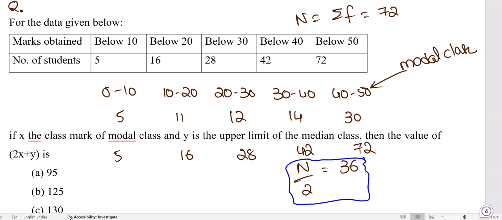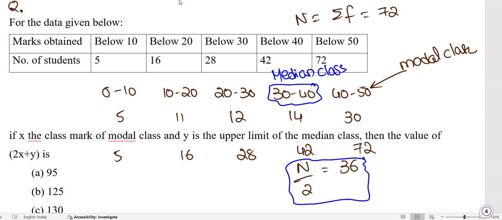N is the total frequency, 72, n by 2 is 36. Is 36 close to 42 or close to 28? A closer one is required. So that's nothing but 30 to 40. This is the median class.